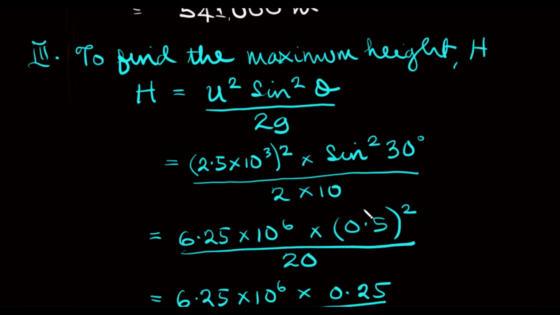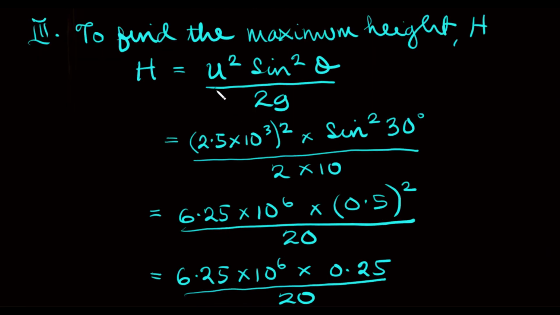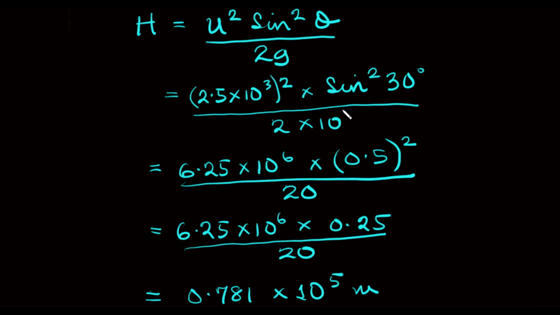the shell. And to find how high the shell will rise, we use the formula for the maximum height, which is u squared sine squared theta over 2g. We substitute our values, bearing in mind that sine squared theta is the same thing as sine theta times sine theta.